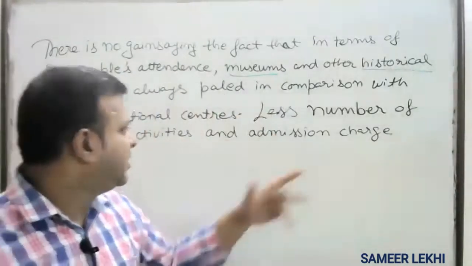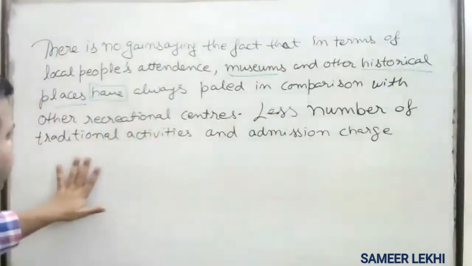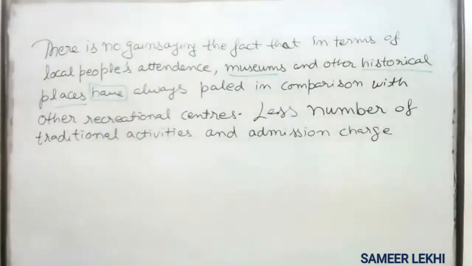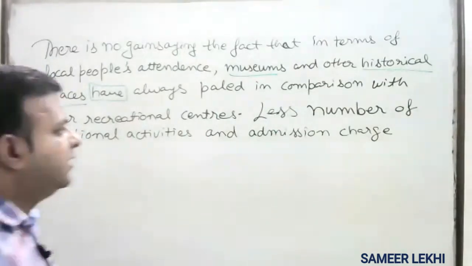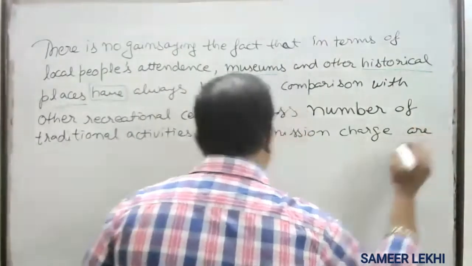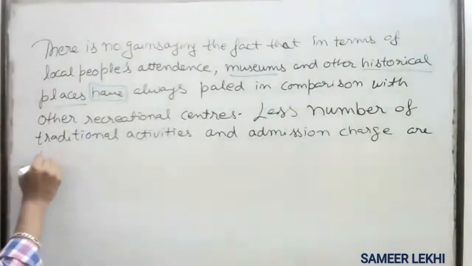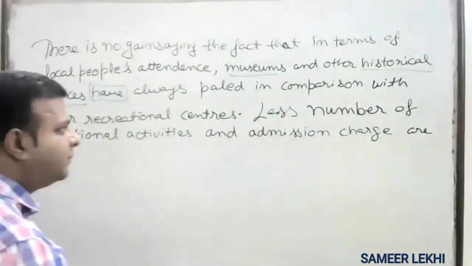Okay, so admission charge, this also just came to my mind. Now, less number of traditional activities and admission charge, these are the two prominent reasons, right? So let's write: R. We'll go slow so we understand completely.